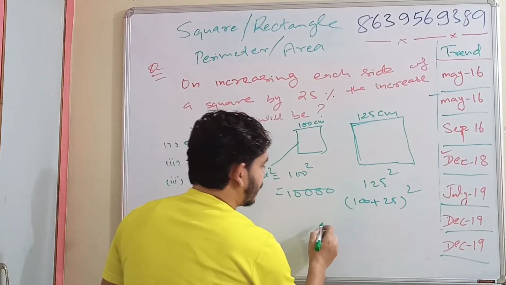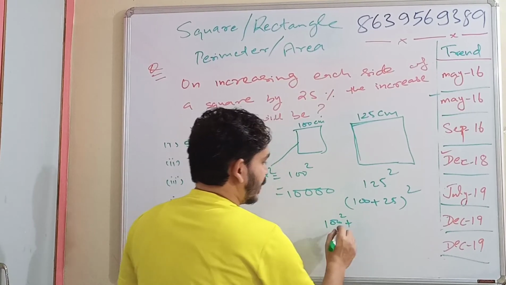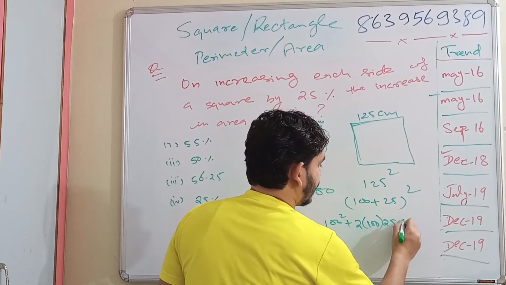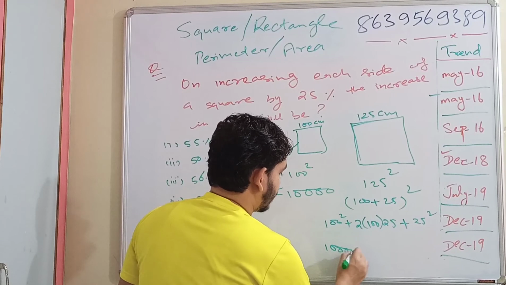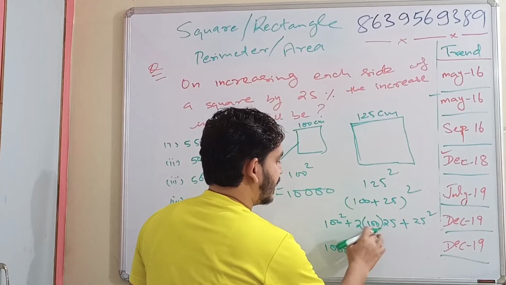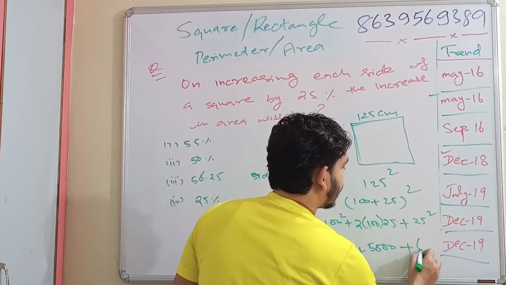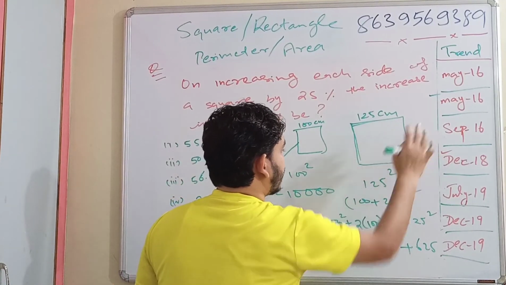Now (a plus b) whole square is 100 square plus 2 into 100 into 25 plus 25 square. This is 10000 plus 2 into 25, 50, 50 into 100, 5000, plus 25 square is 625. Now this is the overall area of the bigger square.